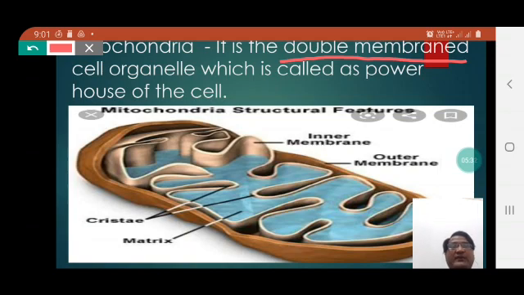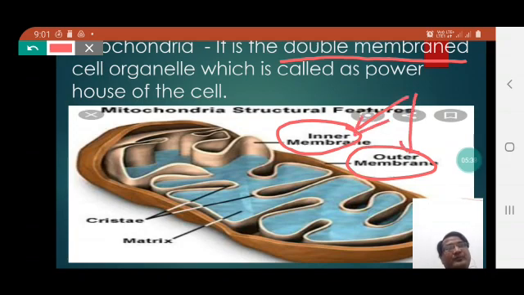So these two membranes are the outer membrane and the inner membrane. Due to the presence of these two membranes only, mitochondria is called as double membrane cell organelle.